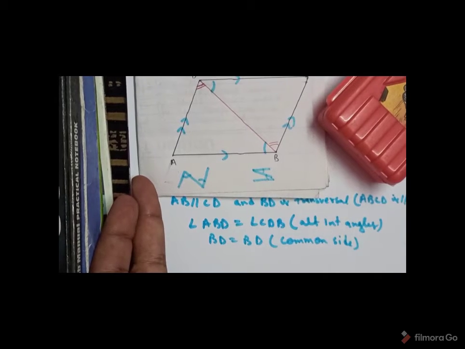Since AD is parallel to BC and BD is a transversal, angle ADB is again equal to angle CBD.